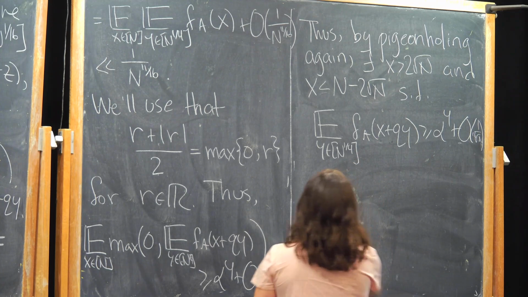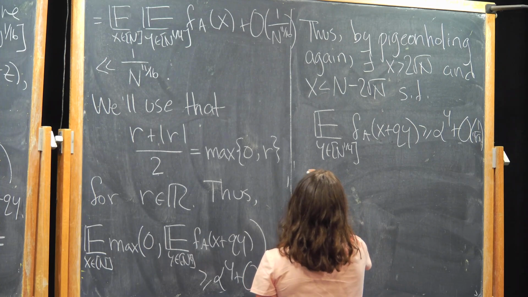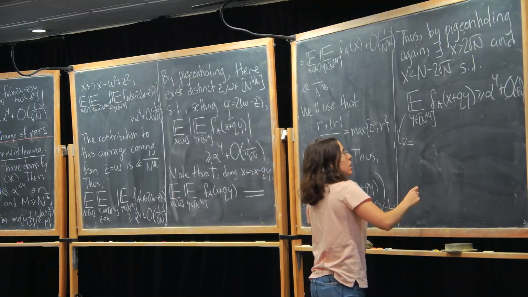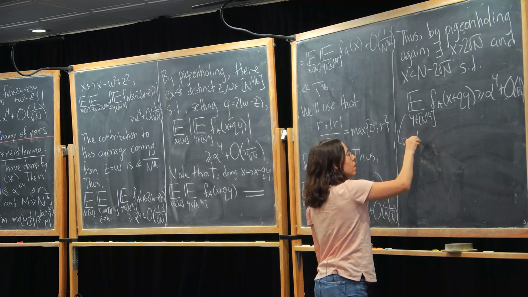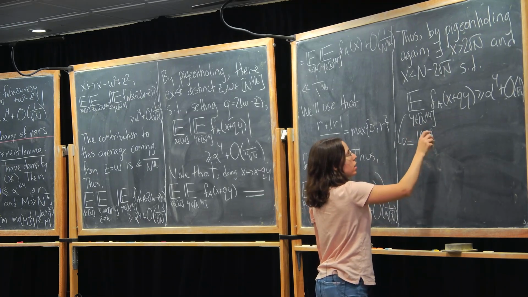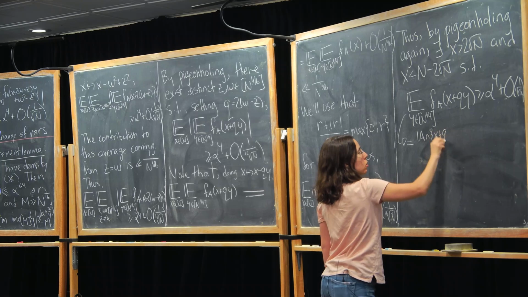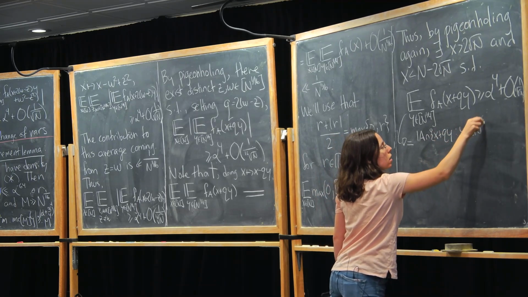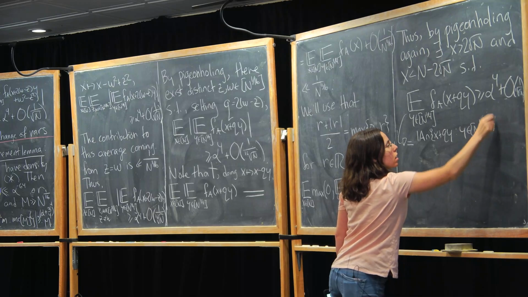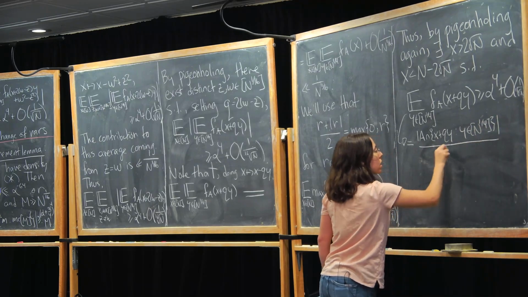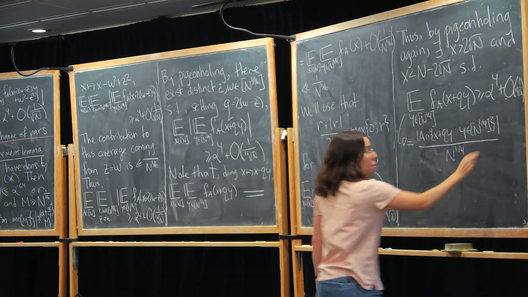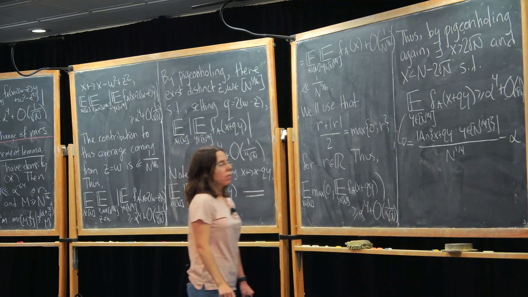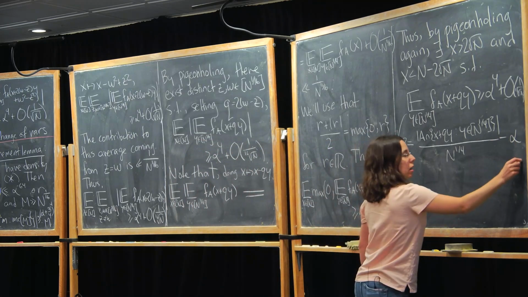So the left-hand side equals the size of A intersected with the arithmetic progression x plus qy, minus alpha. Okay, so this gives us a density increment.